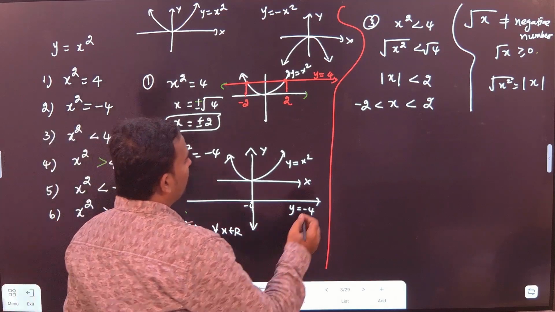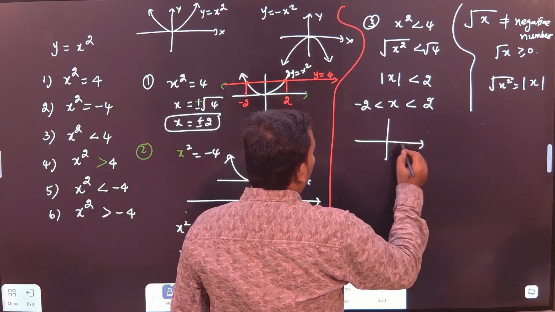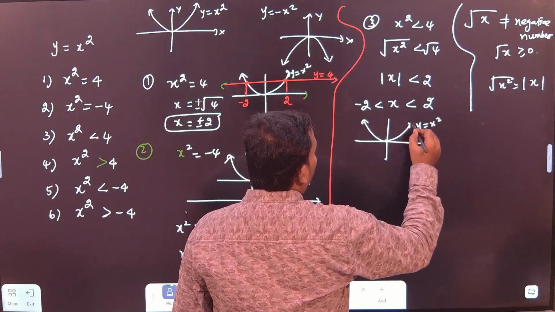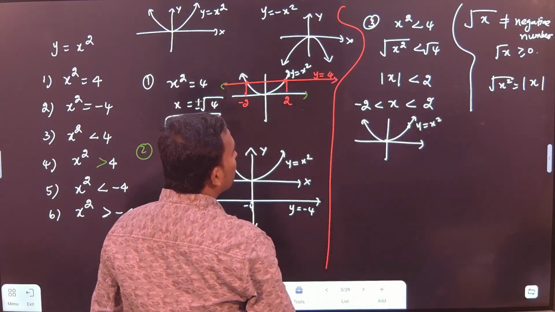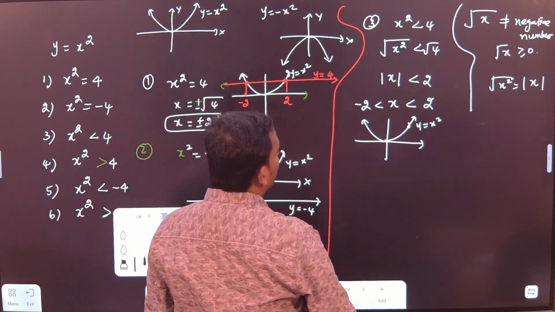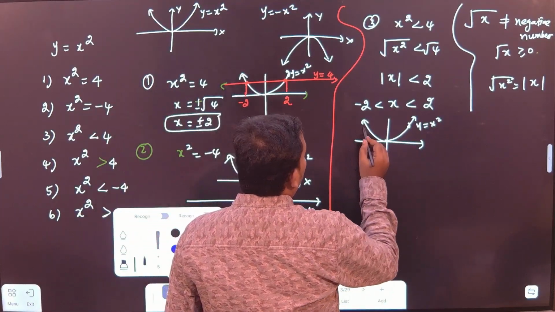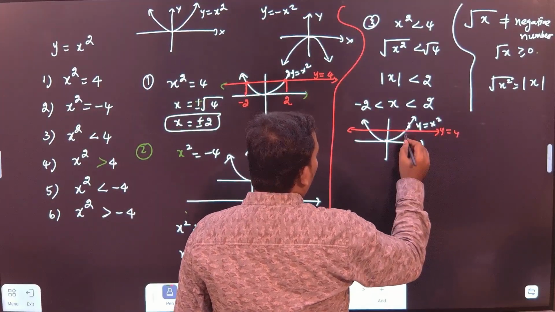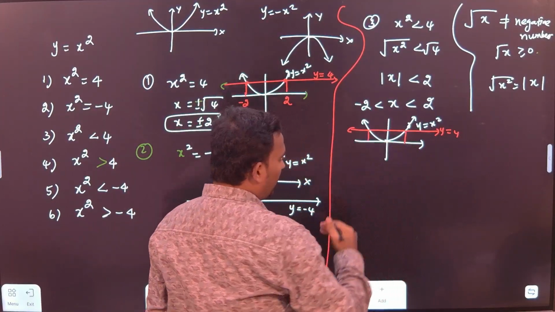You can see the graph of this. When you draw the graph, this is your x square graph, y is equal to x square, and then y is equal to 4. We need strictly less than 4.